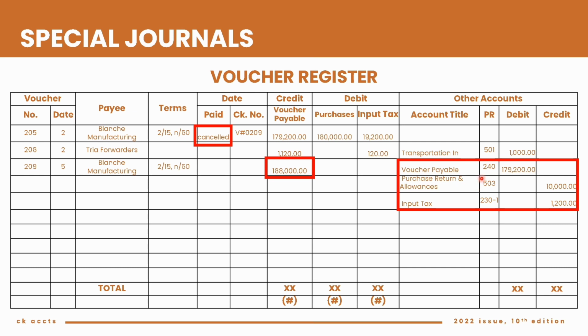And the normal balance of payables is credit, right? And we put its amount in the debit column because we are recognizing it. So, that voucher payable will be zeroed out. But it will not really be zeroed out in the end because we put an amount here of 168,000 which is credit, in the credit column. Okay? I hope the idea of this column made sense.